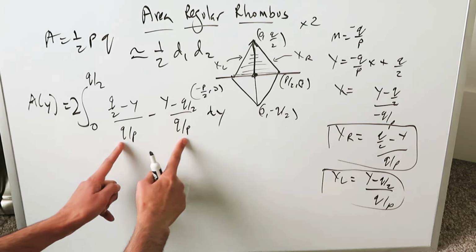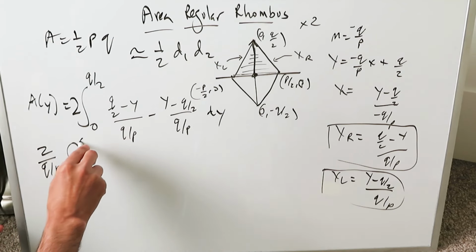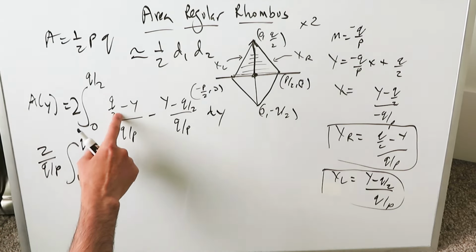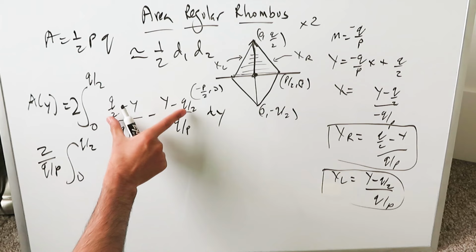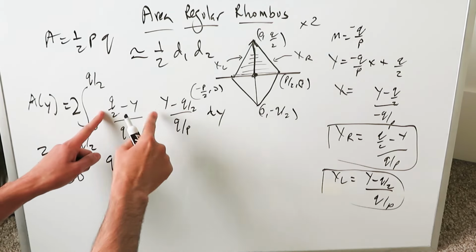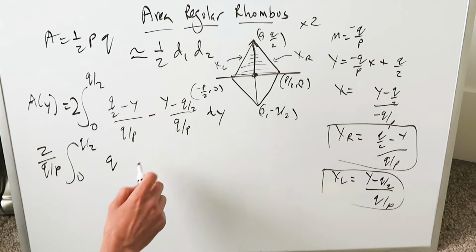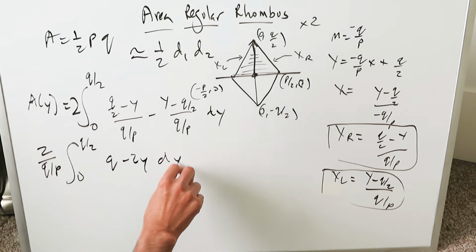You have a common denominator, push it out, you'll have a 2 over Q/P, integral from 0 to Q/2. Q/2 minus Q/2 is a positive 2Q/2, which is just a Q. Think about it, a half minus a negative half is a half plus a half, which is a full. Minus y minus y is a minus 2y, dy.